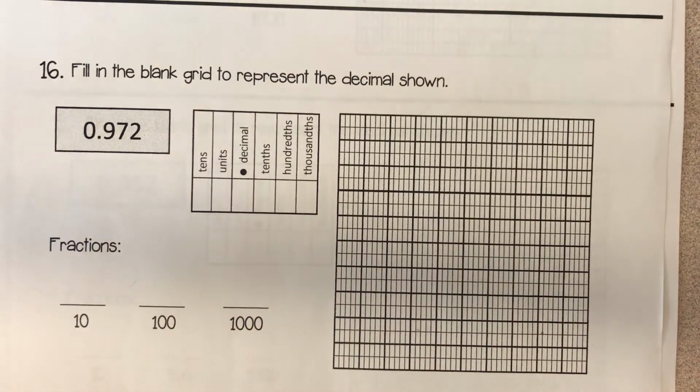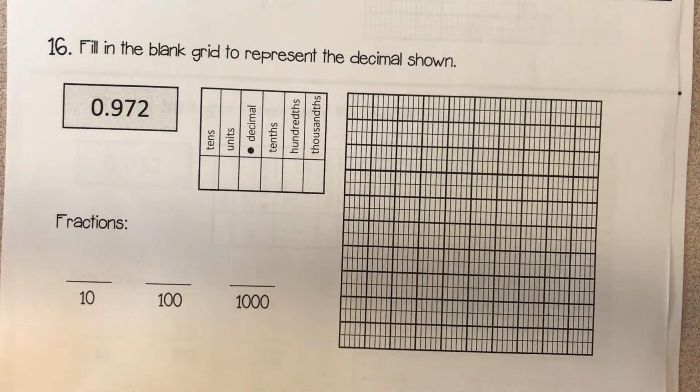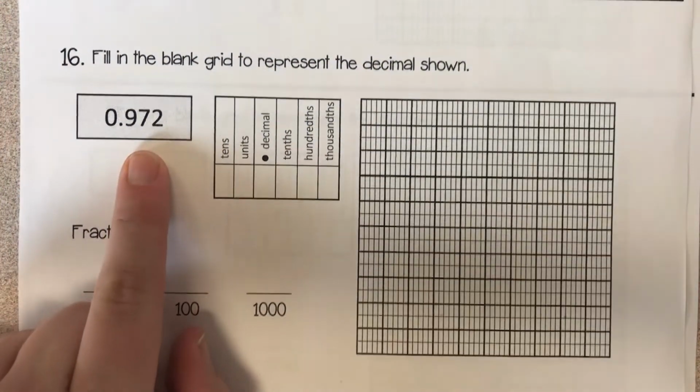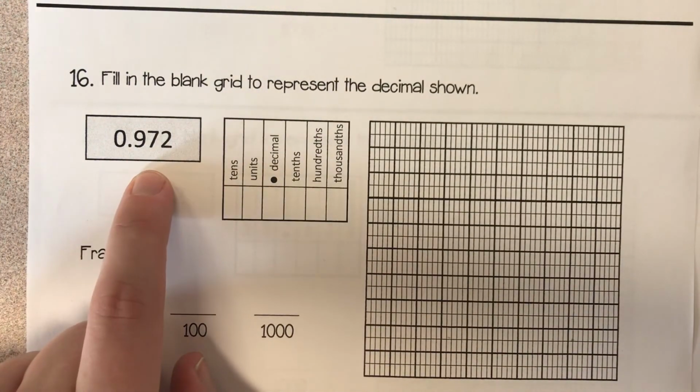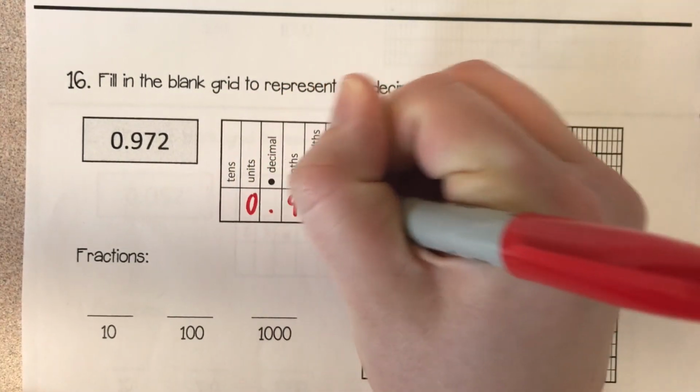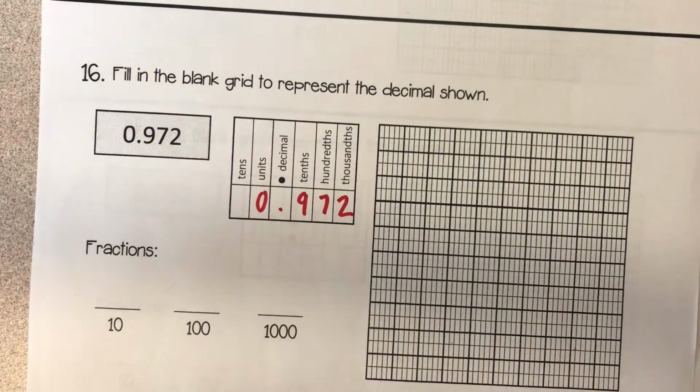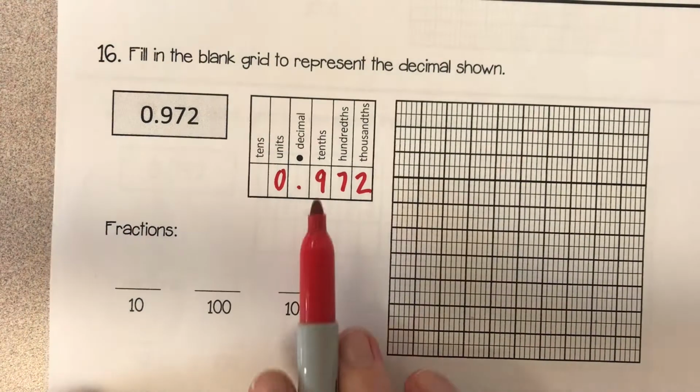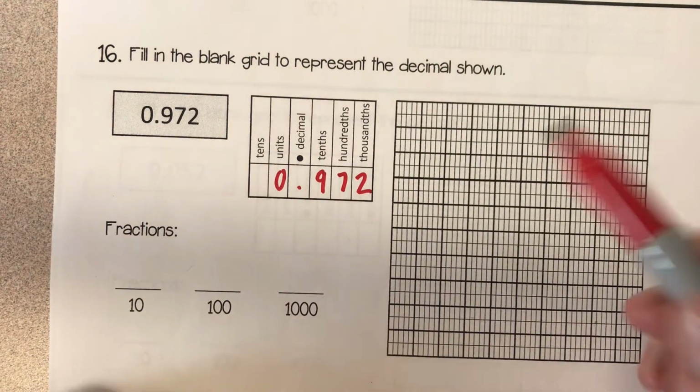Okay, so let's go on to the last one. For number 16, again, we're going to fill in the blank grid to represent the decimal below. Here we have 972 thousandths, so I'm going to write it here. In order to fill in the grid, I'm going to take it 1 by 1. So I need to fill in 9 tenths.